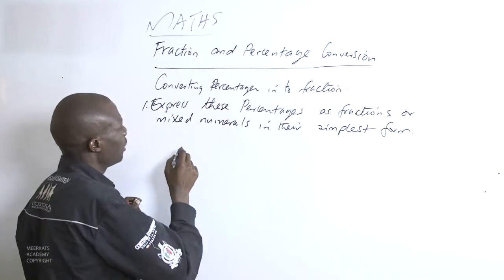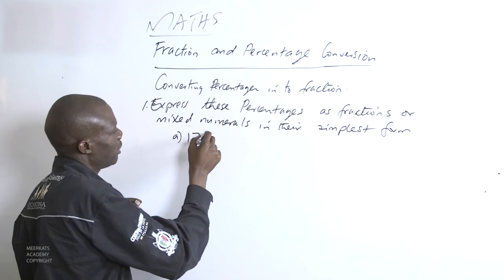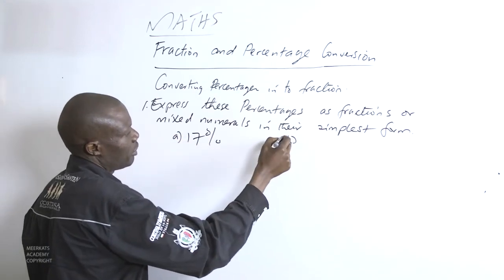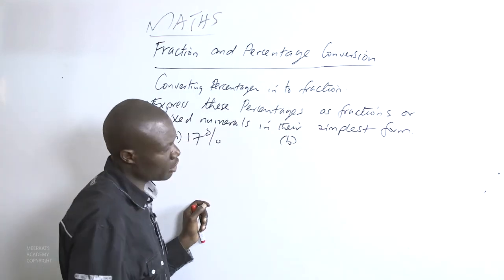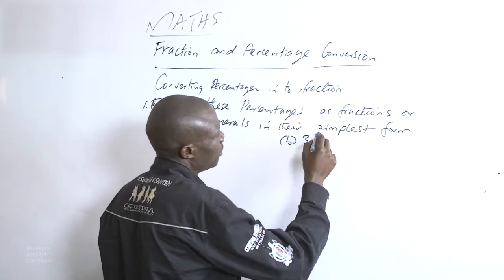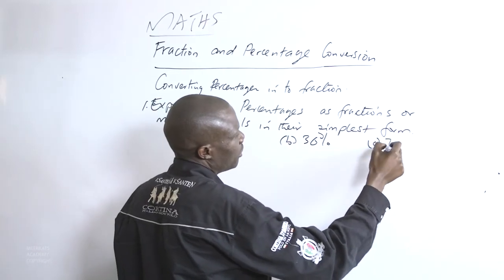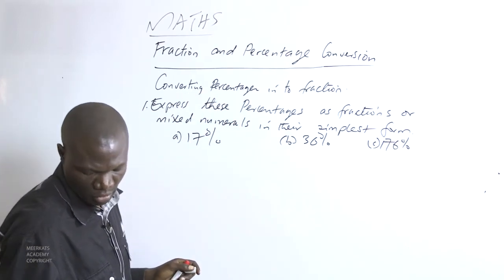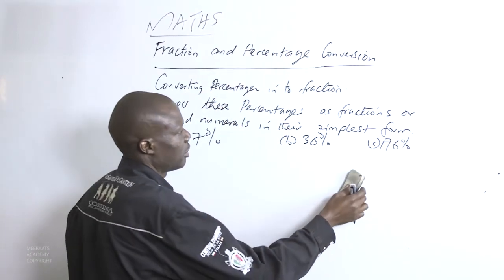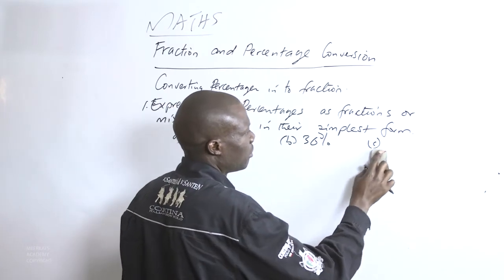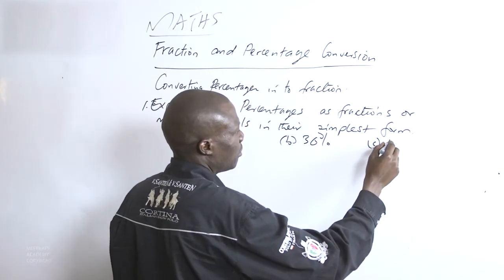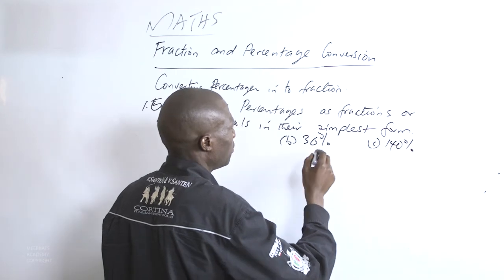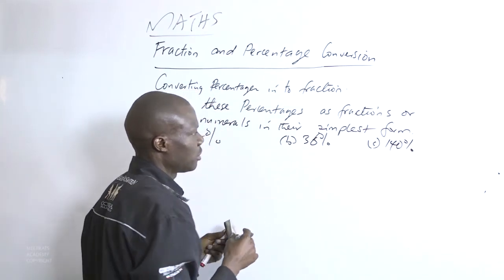And the first one we have is 17%, B 36%, and C 176%. Sorry, we have 140%. That's 6.